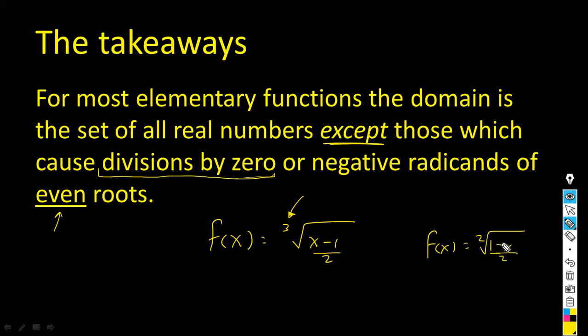Then you have to do the reasoning that we did before in order to exclude those values of x that will produce a negative radicand in here. So those are basically the only two types of crashes that our functions will go into, either division by zero or negative radicands of even roots. Memorize this, burn this into your brain.